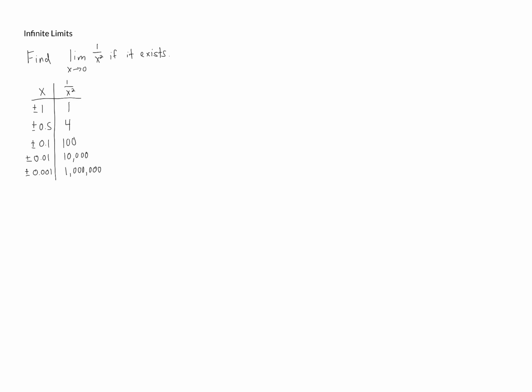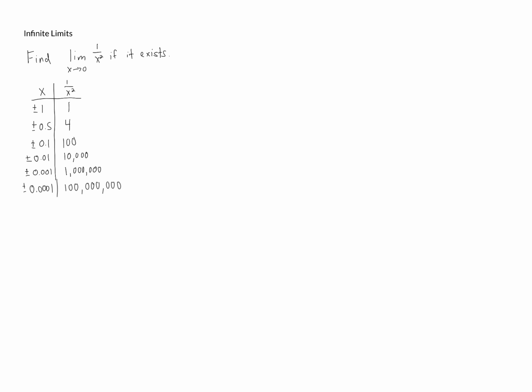However, we do have a special notation to indicate this particular behavior, because while these numbers aren't getting closer and closer to an individual real number, we can see that they are growing bigger and bigger and bigger. And if we were to continue and pick even smaller numbers, we would end up with an even bigger outcome.